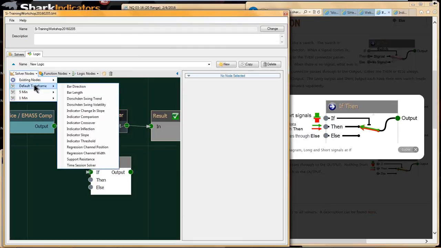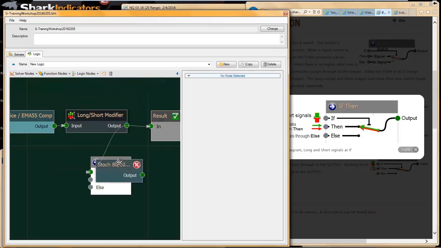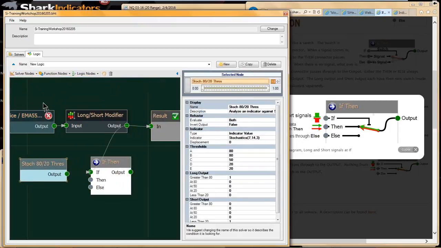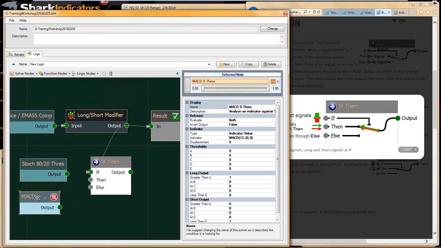So let me drop a couple of my, let's see, I'll go back to my simple stochastic and MACD solvers here.